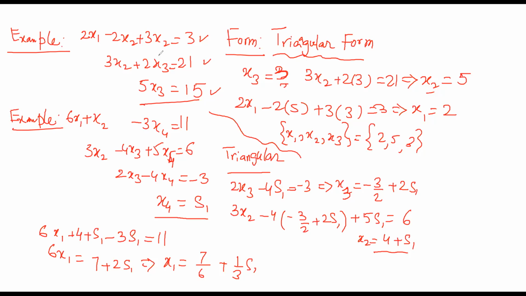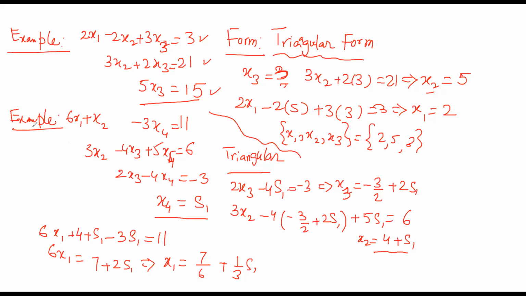In the first equation, 2x1 minus 2x2 plus 3x2 equals 3, isn't it? Yes. And then when we put the numbers. Sorry, it's 3x3, sorry. It's 3x3. Oh, okay. So yeah, some typing mistake.